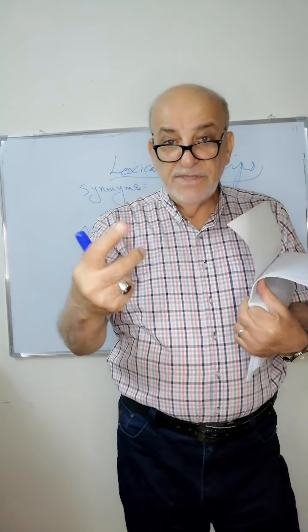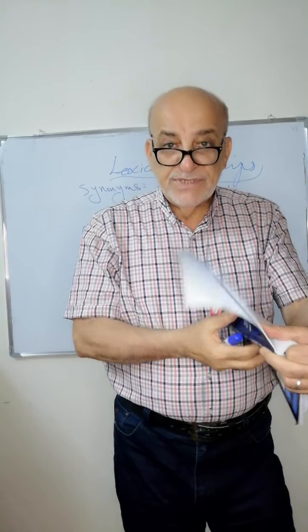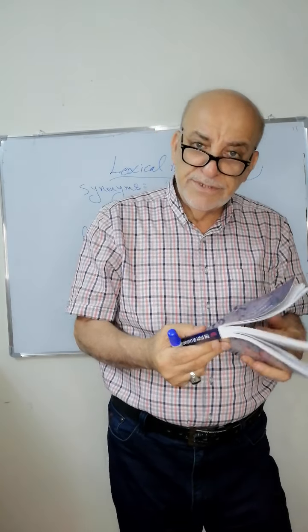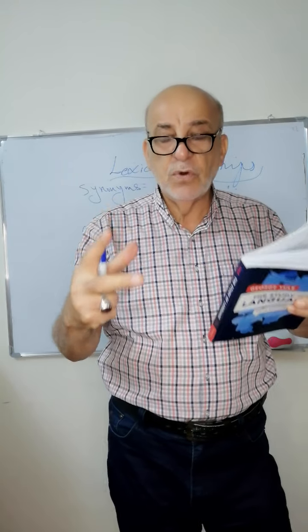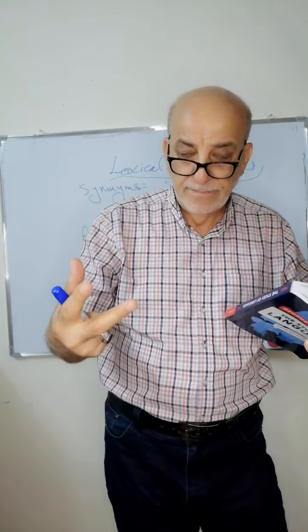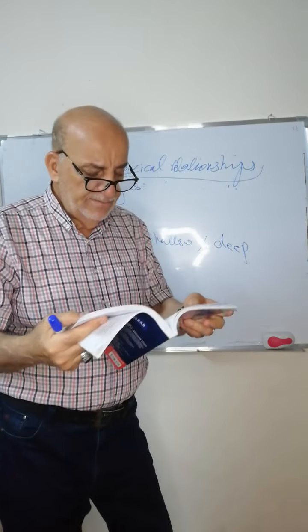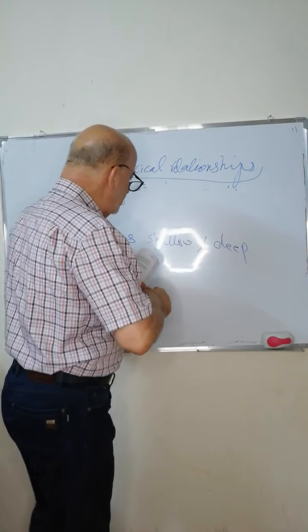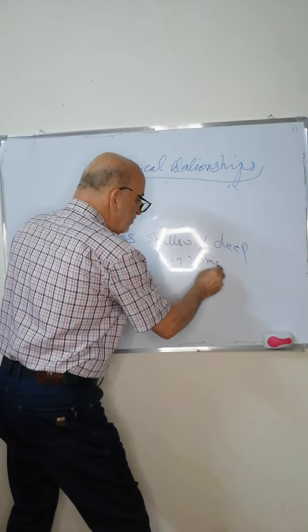So here you give me the opposite, so I understand the meaning of a word in terms of its opposite. Such a relationship is called antonym. More examples given in antonym: for example, big and small. Big is the opposite of small.